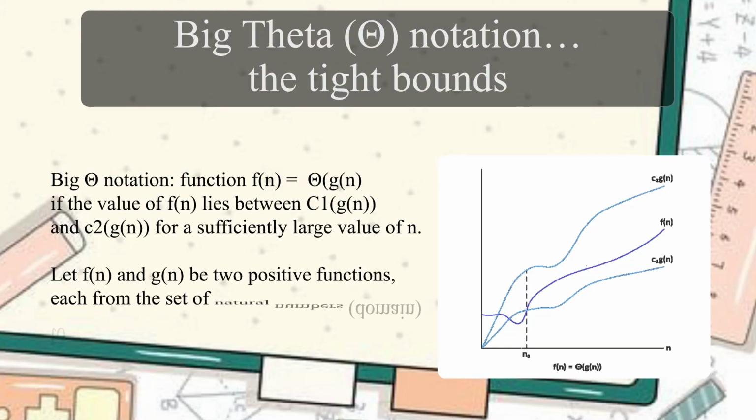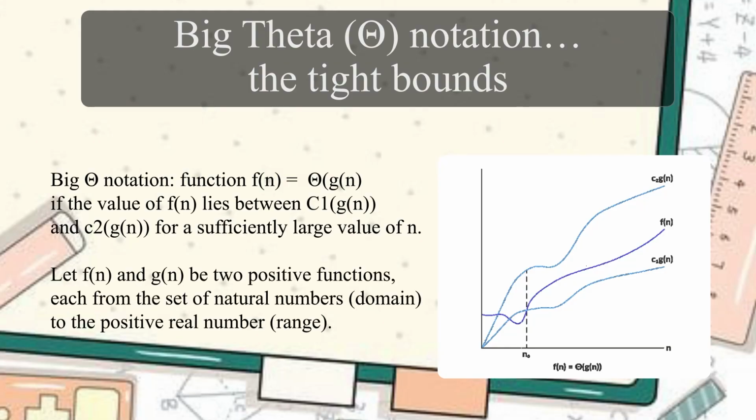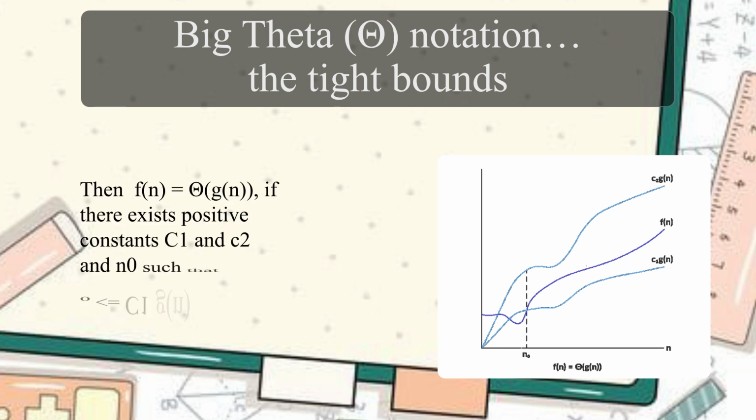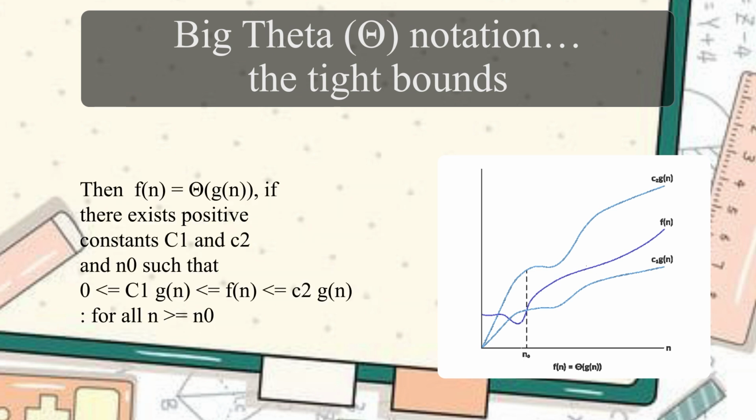It is basically a mixture: at the lower bound you have big omega, at the upper bound you have big O, and in between the tight bound is represented with the help of big theta. So, let Fn and Gn be two positive functions, each from the set of natural numbers, which is the domain, to the positive real numbers, which is the range, then Fn equals theta Gn, right.